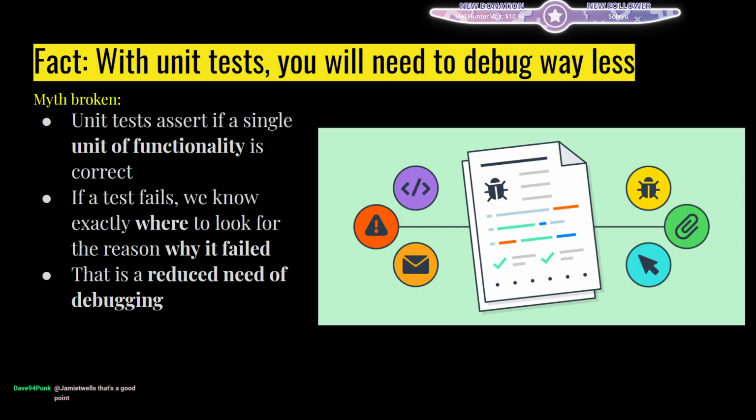However, with unit tests, you will debug less. Because if you have a single piece of code tested, a single function in isolation, for example, if it fails, you'll know immediately where to look. You won't need to look at the client, which called a service, which called a function.